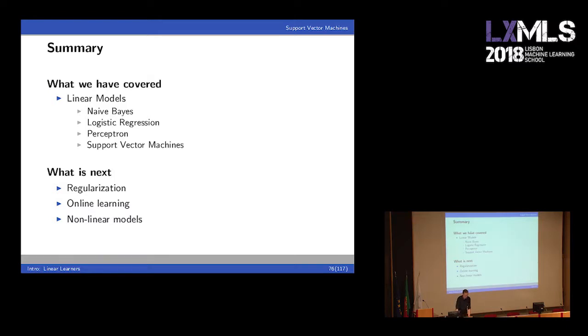Okay. So now what we have covered is we have looked at 4 different objectives that are formalized for 4 different linear models. The naive Bayes model that made this independence assumption, the logistic regression model that didn't make the independence assumption, but instead used this normalization constant. Then the perceptron and the support vector machine, which didn't really maximize the likelihood, but optimized some error term.